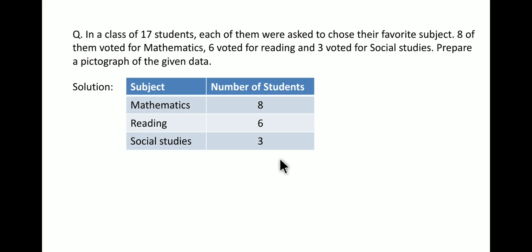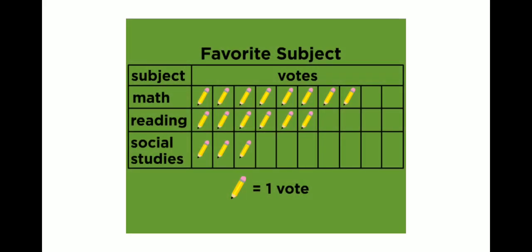Now using this table, we will make the graph, and this is the graph that we will prepare. So this way we'll again make a small table in which we'll make the columns, where we'll have the subject and the number of students, or simply over here votes.